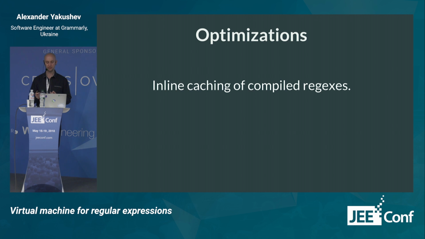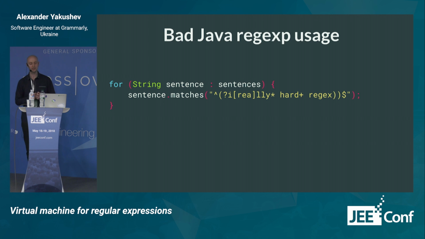To understand what that means, I'll show you this example. What is wrong with this code? Yeah, so this is a loop, right? And in this loop, this regular expression will compile on each iteration, and the compilation is quite slow compared to the subsequent matching.